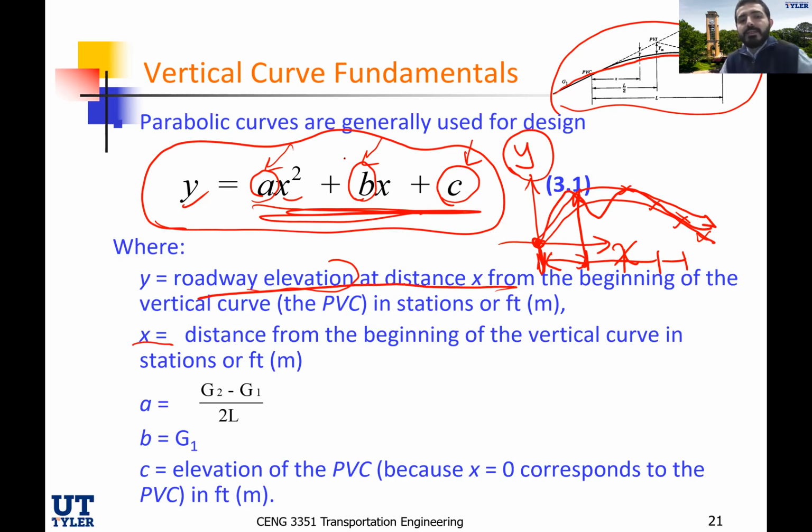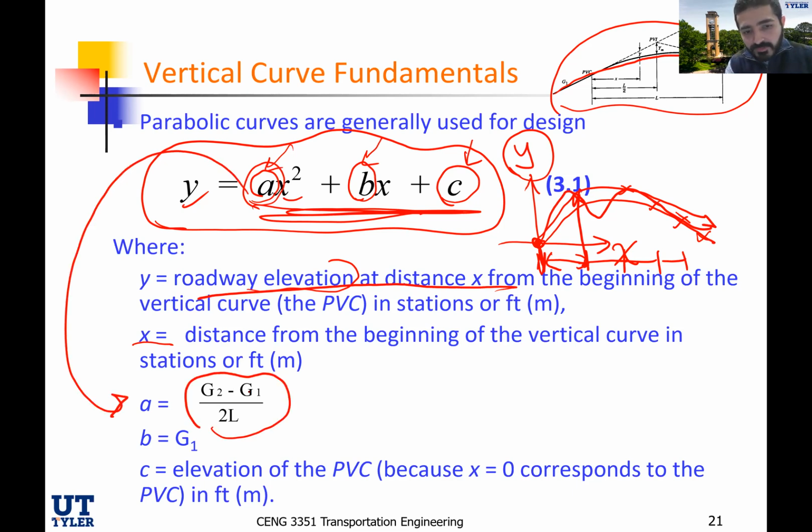So the A in this equation right here is G2 minus G1 over 2L. G2 minus G1, regardless of the sign again. G2 can be negative or positive, same as G1, over 2L. 2L, this is again the length of the vertical curve in the horizontal direction times 2.